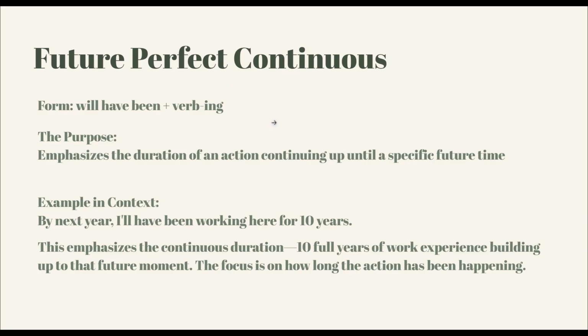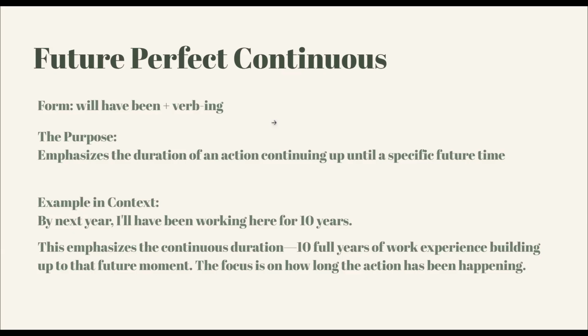When we see future perfect continuous, it's actually not very commonly used in English, but it is very useful when you want to emphasize how long something will have been happening before a future time. You can just say it emphasizes the duration of the time that the action takes. So let's take a look at the form.